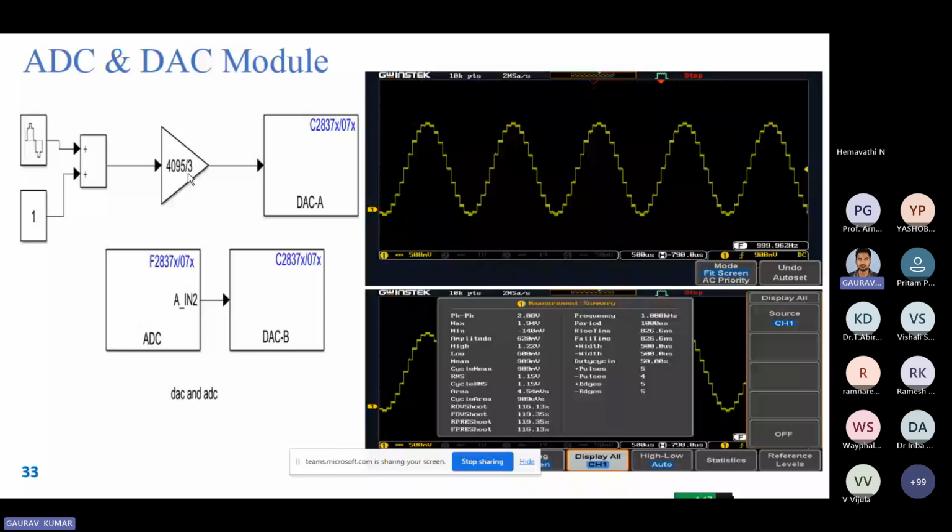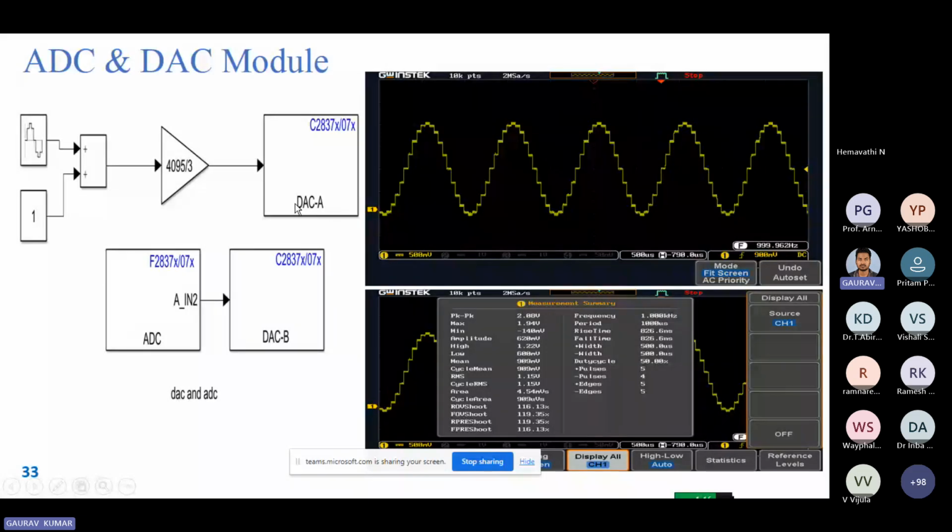So if we want to convert that analog value into a digital value, we have to multiply it by 4095 divided by 3. Then the digital value comes below 4095. This digital value is sent with the help of the DAC block, and we can see the DAC output on the DAC output A pin.